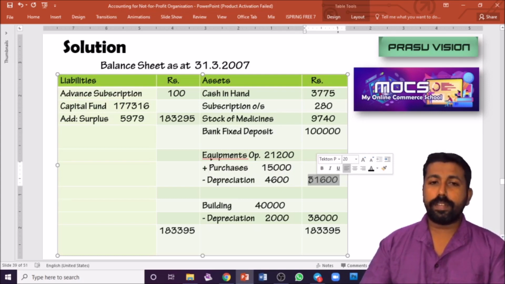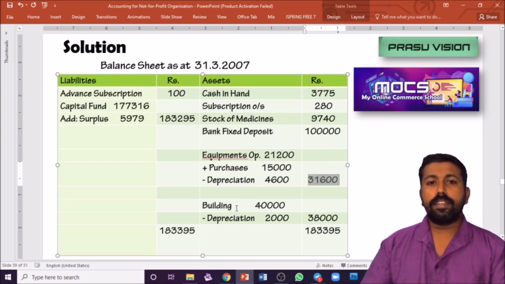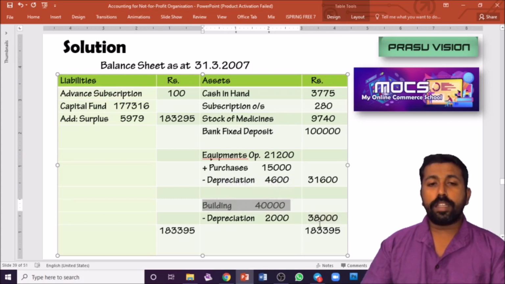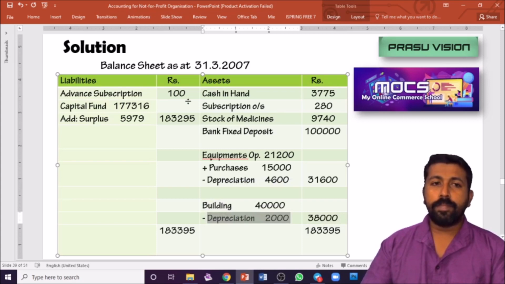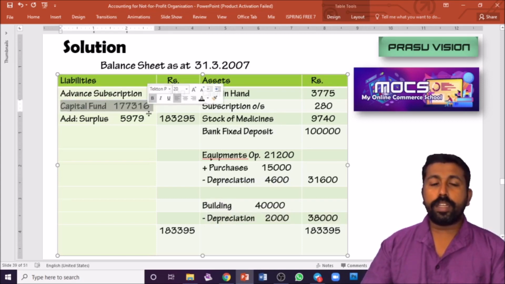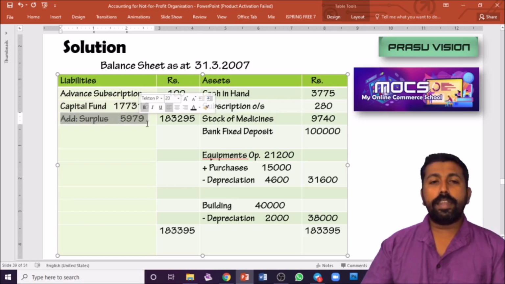Then we will get the final amount of equipment at the end of the financial year, 31st March 2007. Building, likewise, the closing value is directly given in the additional information, even though we have to calculate the value. Opening value 40,000 less depreciation 2,000, we will get 38,000. And here is the capital fund, which we noted from the opening balance sheet we just prepared, and we are adding the surplus from the income and expenditure account.